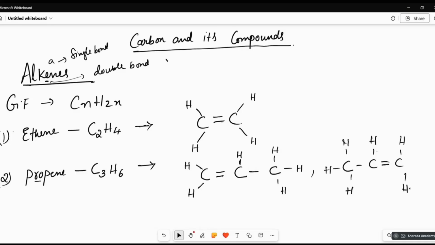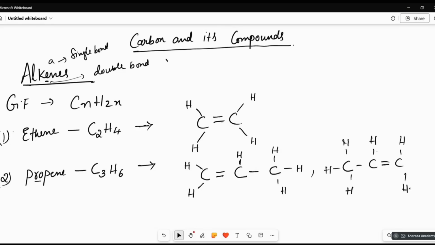Again, it is C3H6 only. Both exist. Both the compounds will exist. Write that. You should write it. Like this, we'll write on the next screen. Once I write one, the next one you can write down. Understood? You can have the double bond either in the first position or the last.